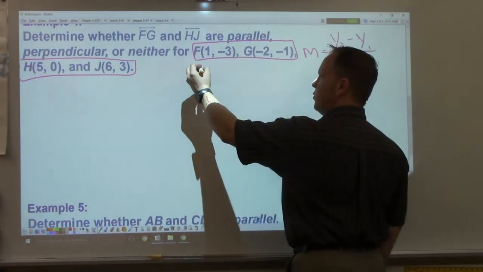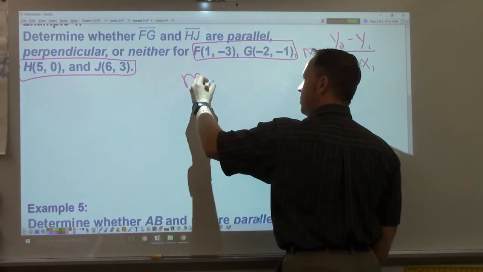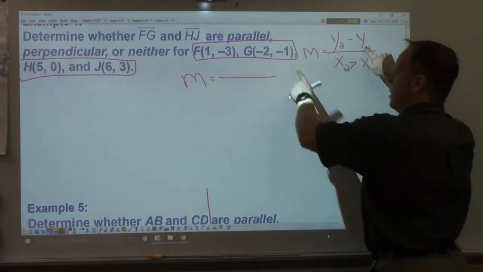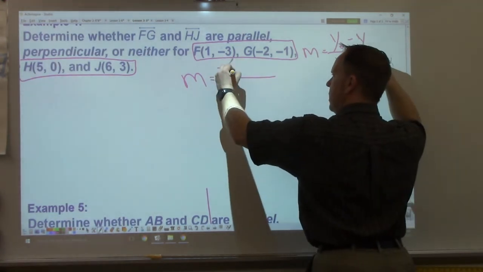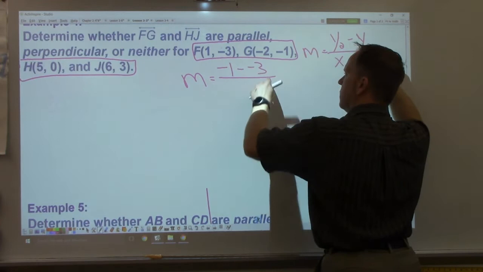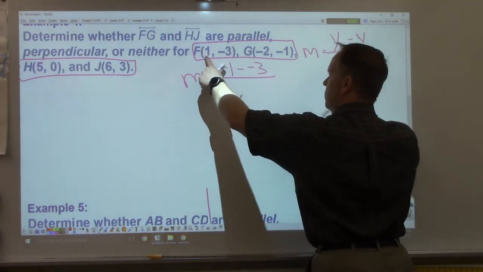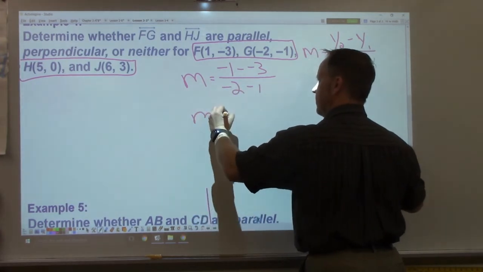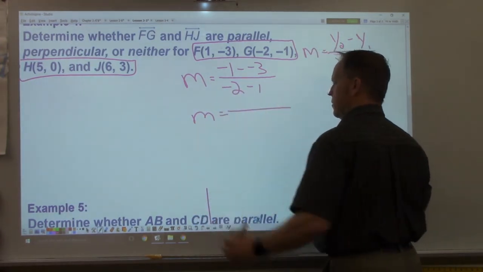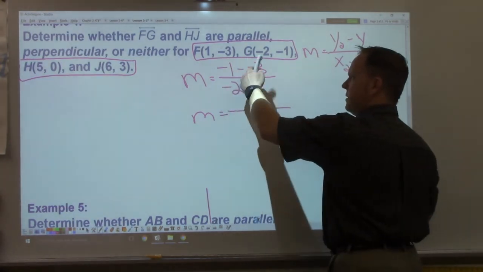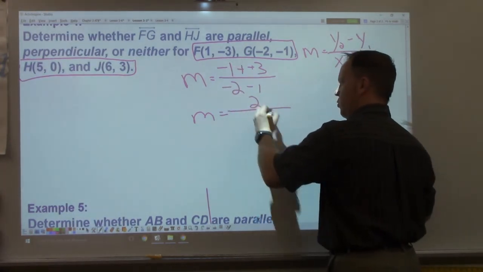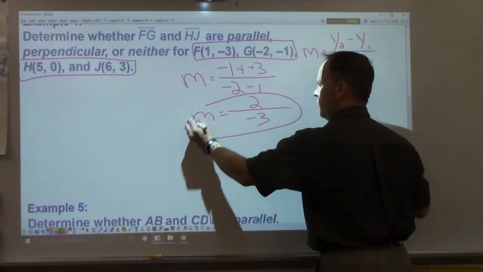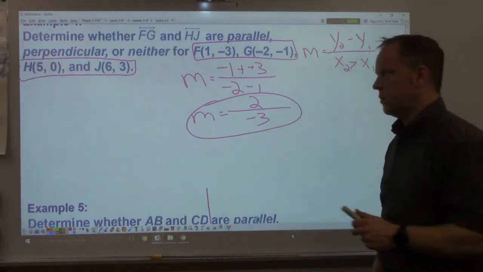I'm going to do the slope for FG right underneath it. y2 minus y1: -1 minus -3, over x2 minus x1: -2 minus 1. -1 minus -3 is 2. -2 minus 1 is -3. So the slope of FG is -2/3.